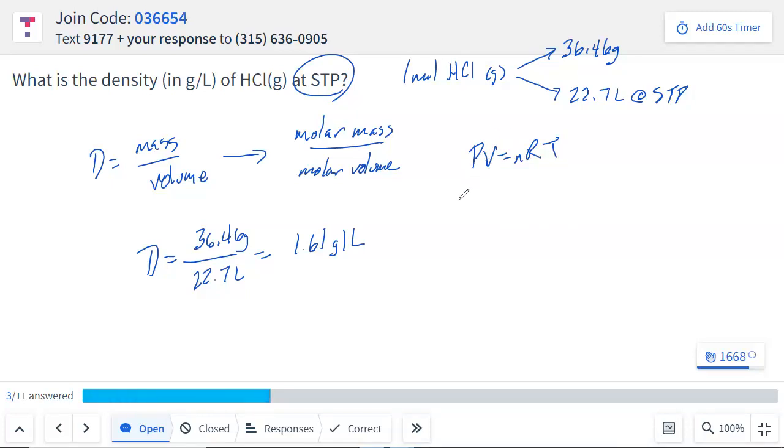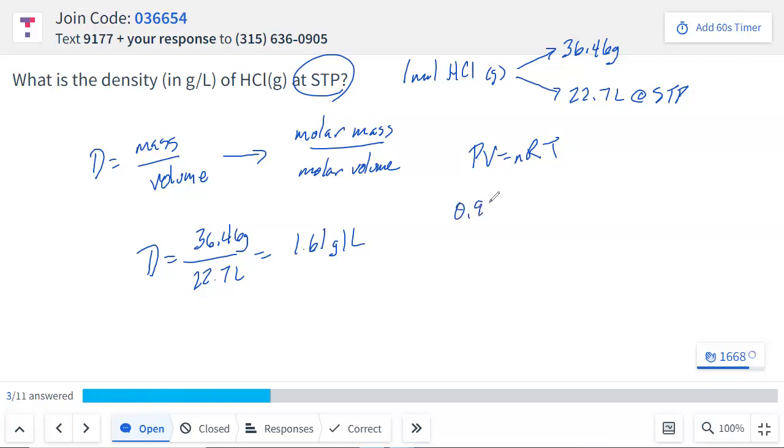Well, if I'm at 1 bar, just a quick conversion, let's turn 1 bar into atmospheres. So 1 divided by 1.01325, I get 0.987.